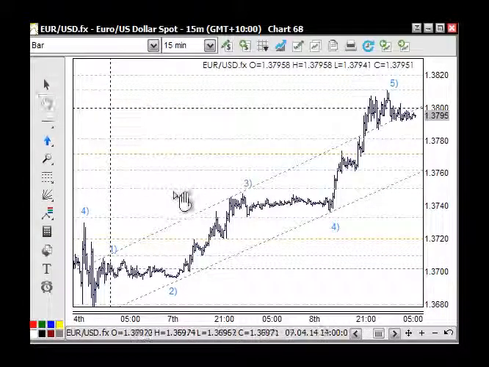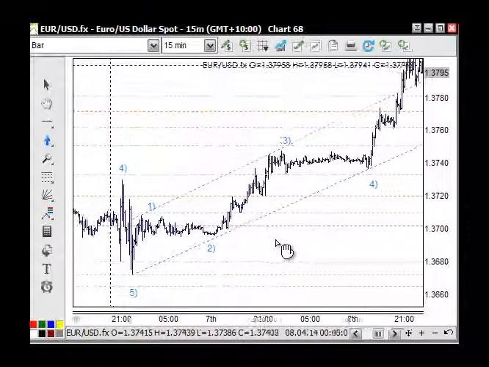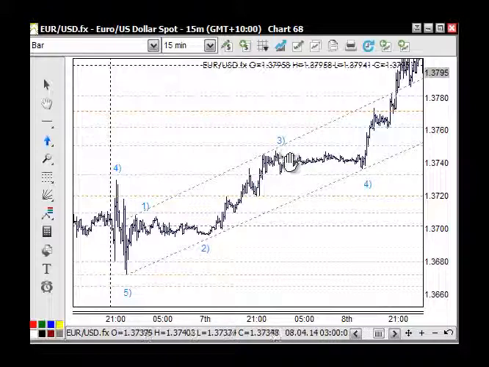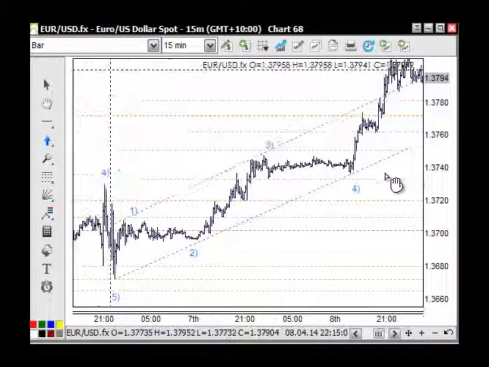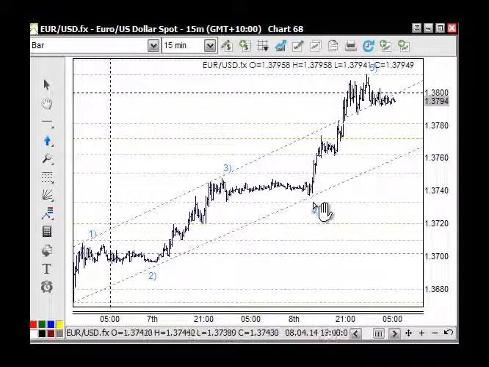And the euro here, I think where we picked off last time yesterday was in here on wave 3. So we've got wave 1, wave 2, wave 3, and wave 4, and this is the way that I'd labeled the US dollar as well. So the way that I'd labeled it originally is probably right, and then we're looking for wave 5 up here.